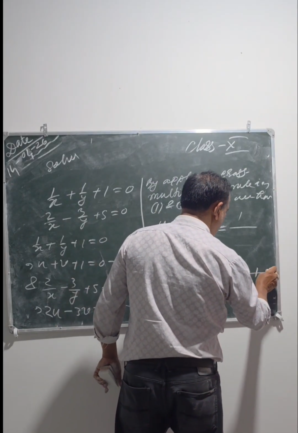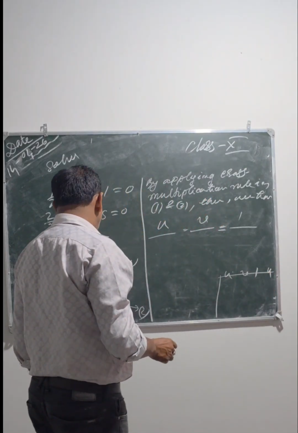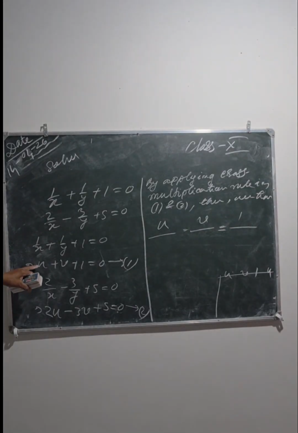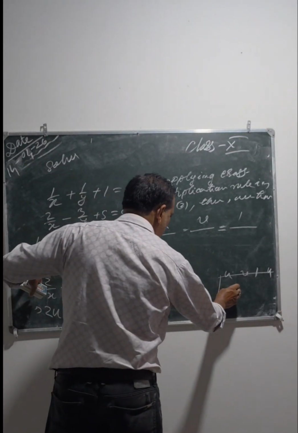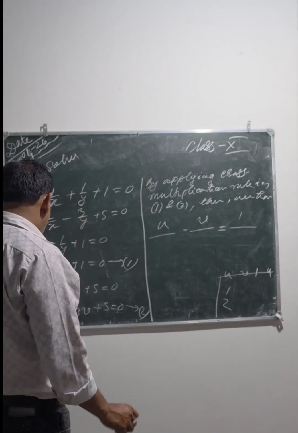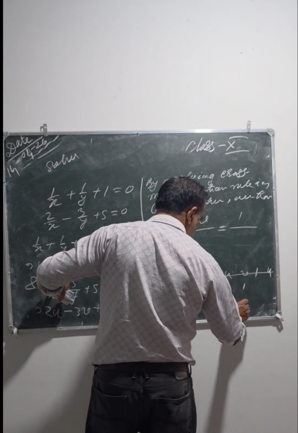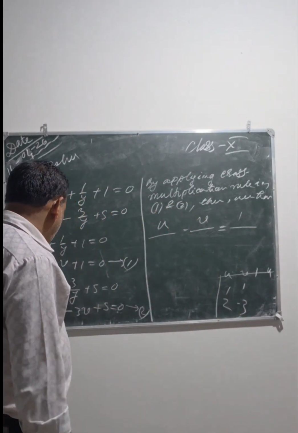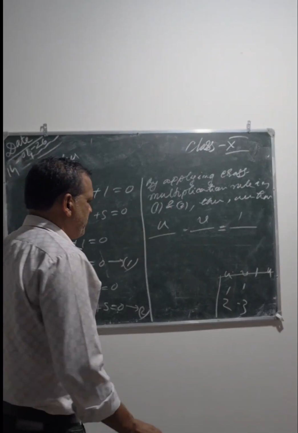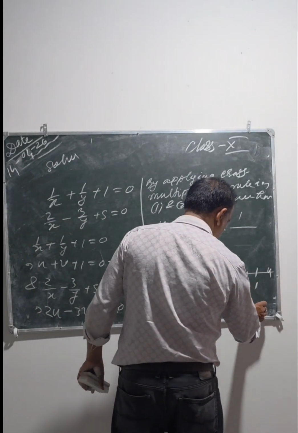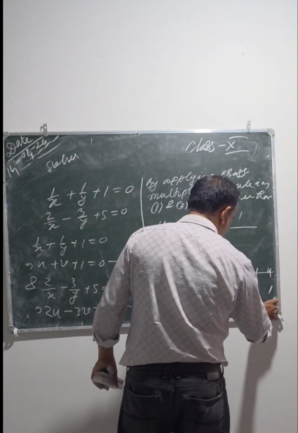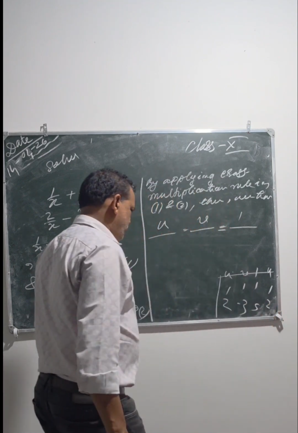u, v, 1 and u again. The coefficients of u are 1, 2, 1, 2. The coefficients of v are 1, minus 3, 1, minus 3. The constant terms are 1, 5, 1, 5. And the coefficient of u once again, 1, 2.